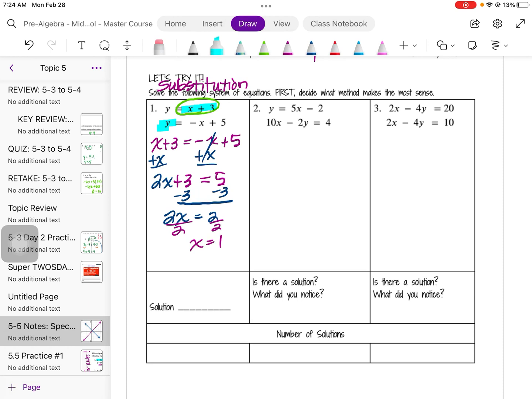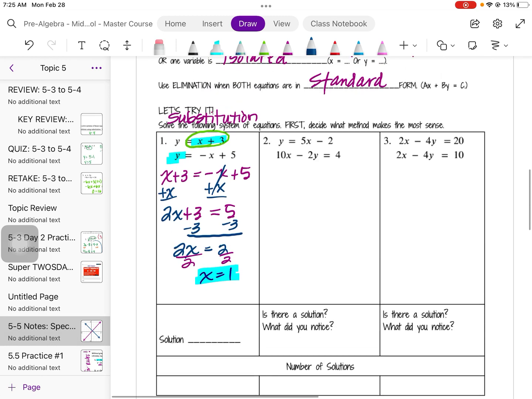Now that I have a solution for x, don't forget I need to go back and solve for y. And remember, I've told you before that the easiest way to solve for y is to take the value of the first variable and plug it back in up here in the blob. So go back to your blob. If x equals 1, then y is equal to 1 plus 3, which is 4.